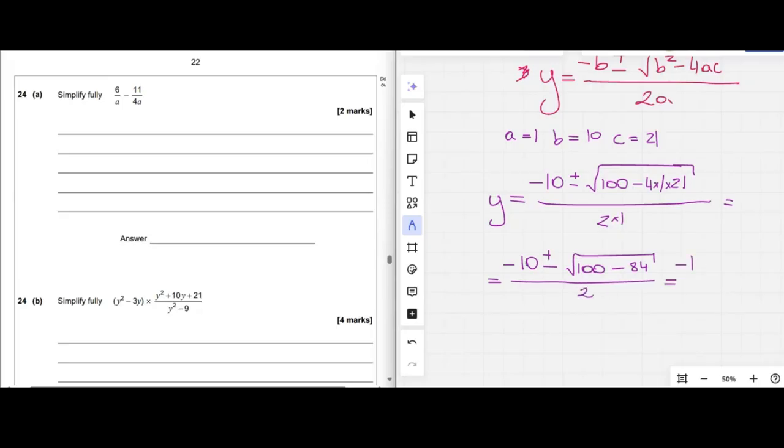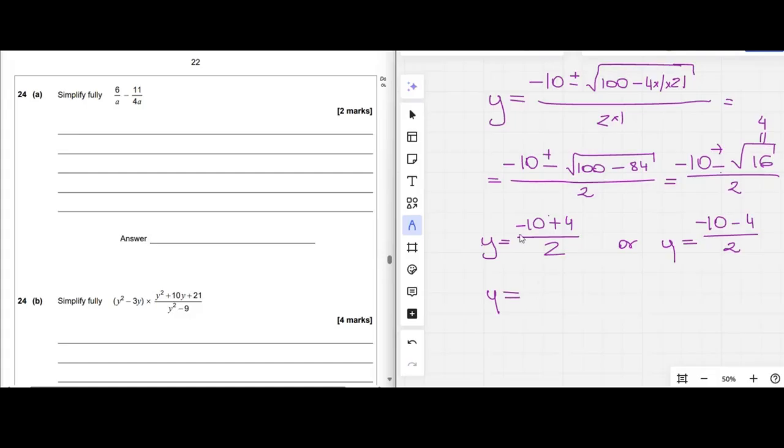So it's minus 10 plus minus square root of 16 by 2. So y is minus 10 plus 4 by 2, or y is minus 10 minus 4 by 2.